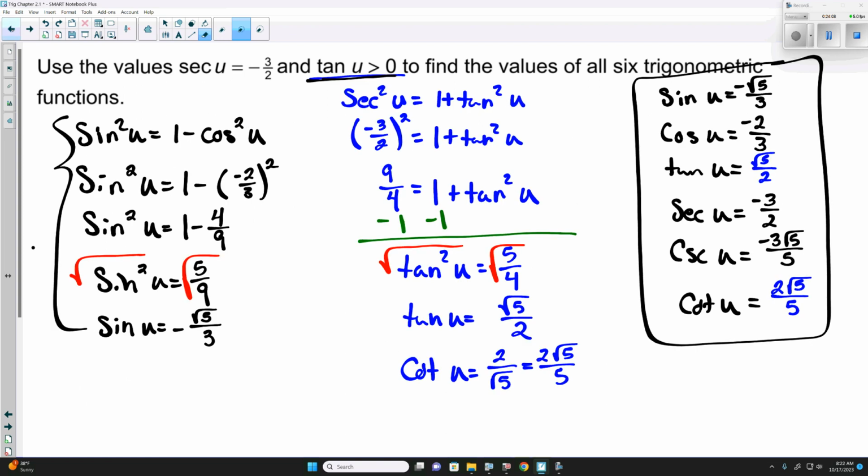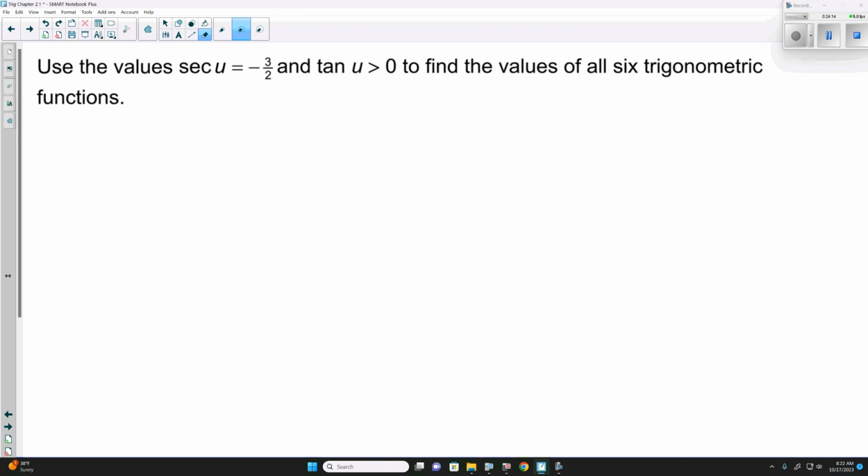But that also begs the question, could we have done the first one through the triangle? Yes. Because if we looked at this here, and that's really where I was going to start before I changed plans. For tangent to be positive and secant to be negative, we're again down here in the third quadrant.